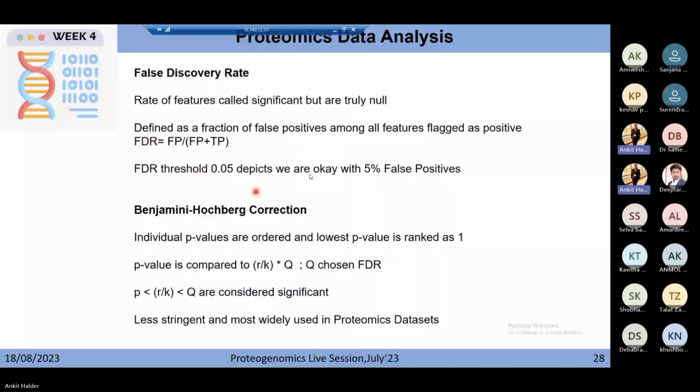So we need to control the false discovery rate, FDR.